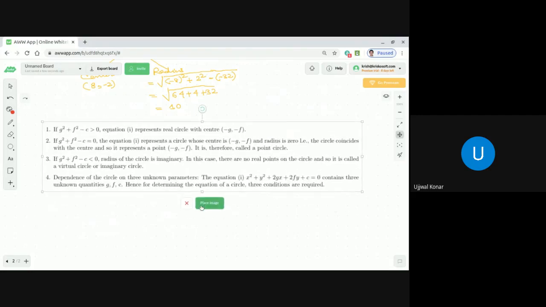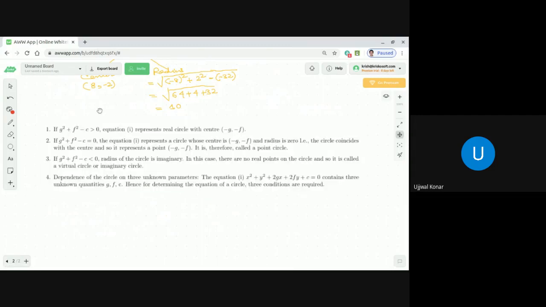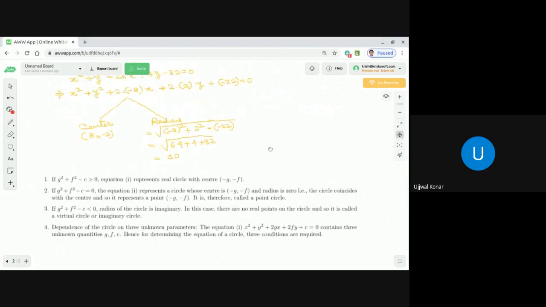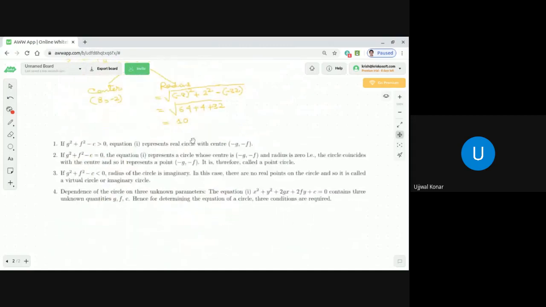The first remark, dear students, is that if g square plus f square minus c is greater than 0, then the equation 1 represents a real circle. What is equation 1? Let me write equation 1 here for your convenience: x square plus y square plus 2gx plus 2fy plus c is equal to 0.